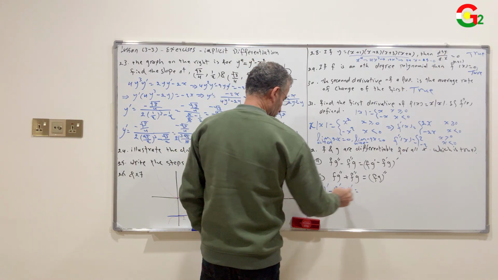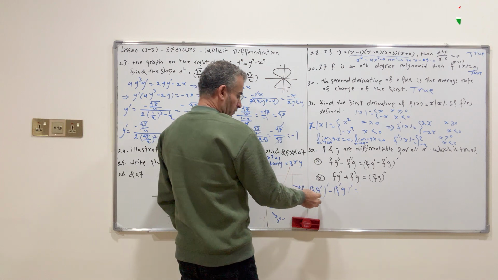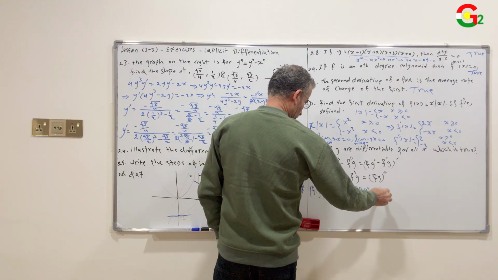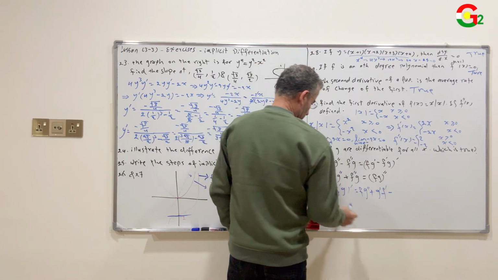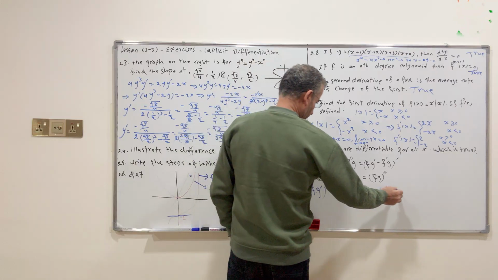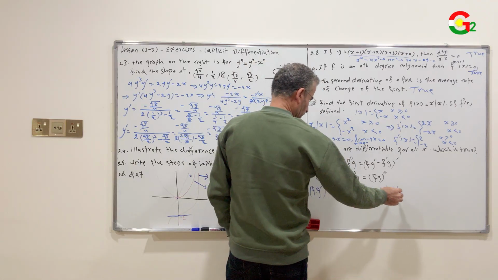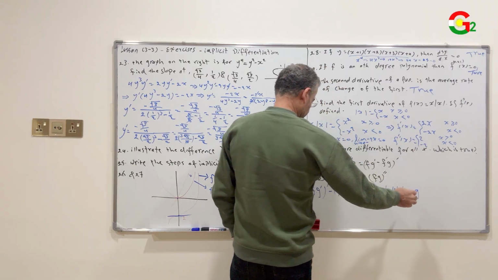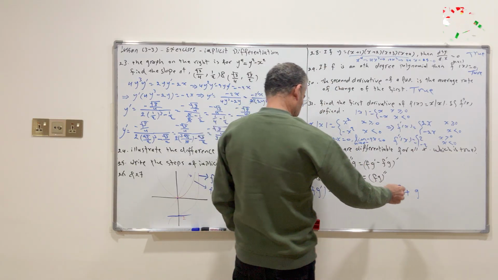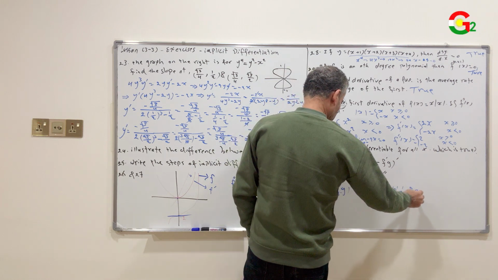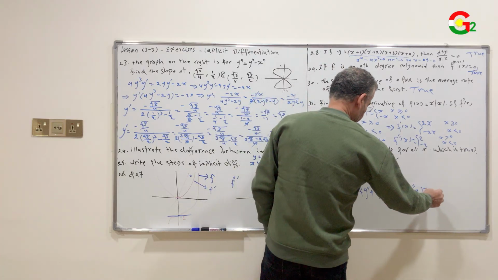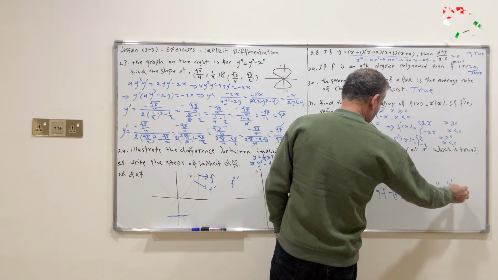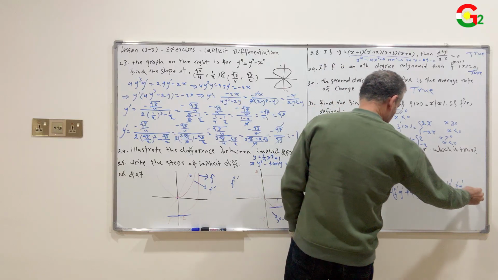Applying the product rule, the first one times the derivative of the second one plus the second one times the derivative of the first one, minus, also applying the product rule, the first one times the derivative of the second one plus the second one times the derivative of the first one, equals f g double prime plus g prime f prime minus f prime g prime minus f double prime g.